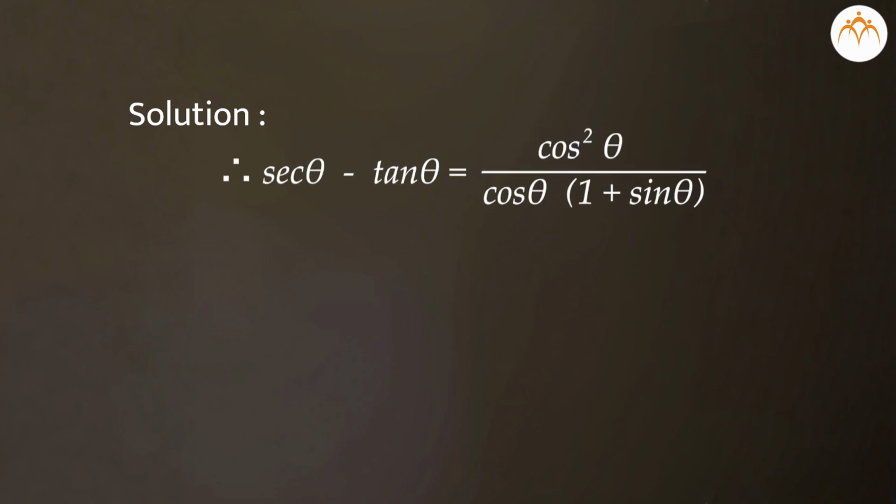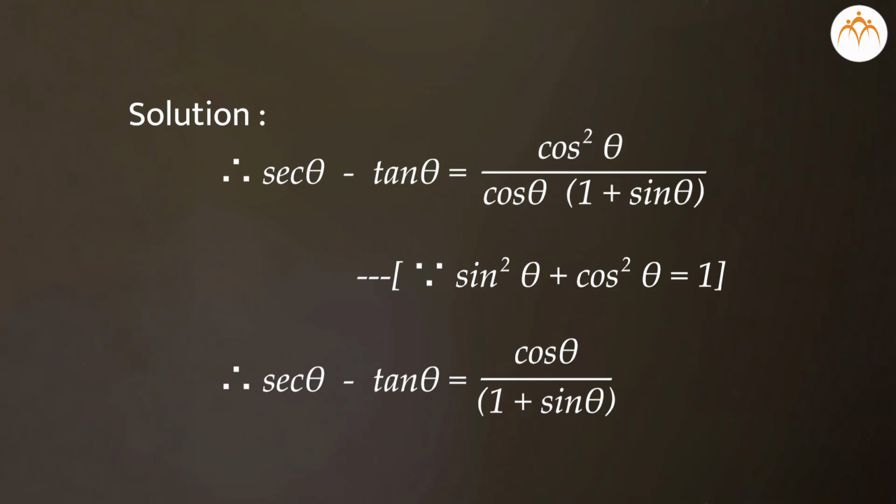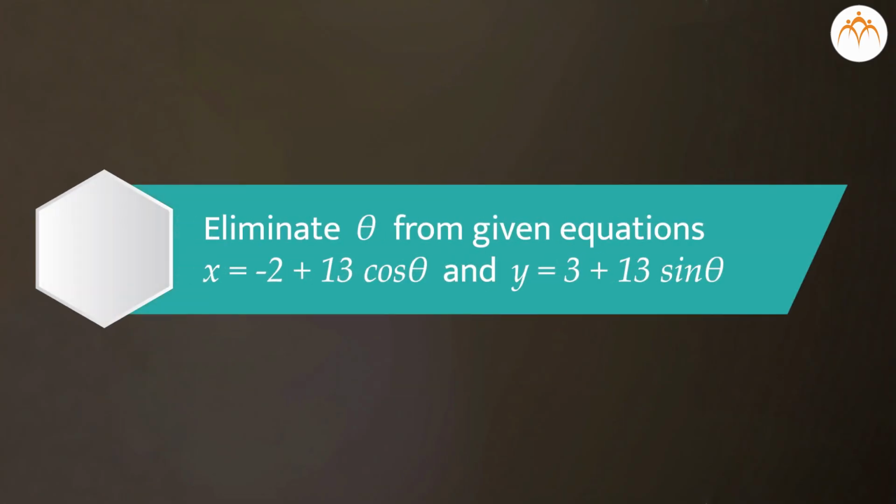Therefore, sec theta minus tan theta is equal to cos square theta upon cos theta into 1 plus sin theta, because sin square theta plus cos square theta is equal to 1. Therefore, sec theta minus tan theta is equal to cos theta upon 1 plus sin theta. Hence, proved.